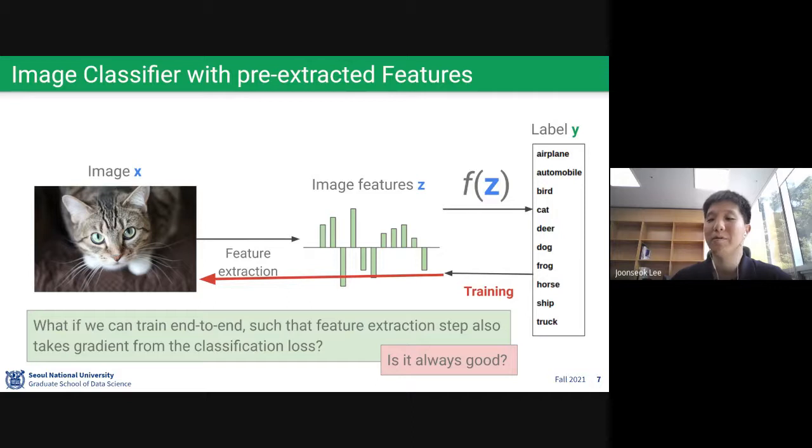But is it always good? We may say no. In an ideal world, if we can learn anything from the data set, that would be great, because we, as humans, don't have to decide anything except the shape of the model. But if we do this, we need too large a data set. The curse of dimensionality is one reason, and the patterns we have to discover are too complex.